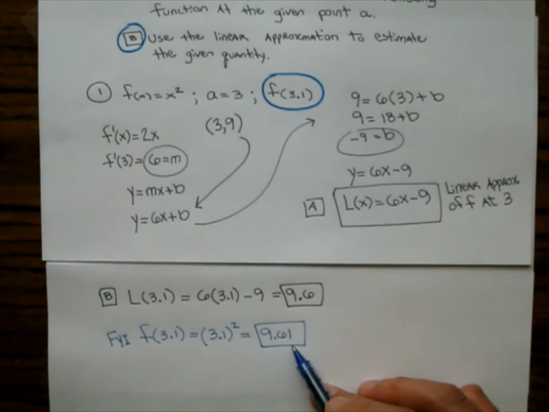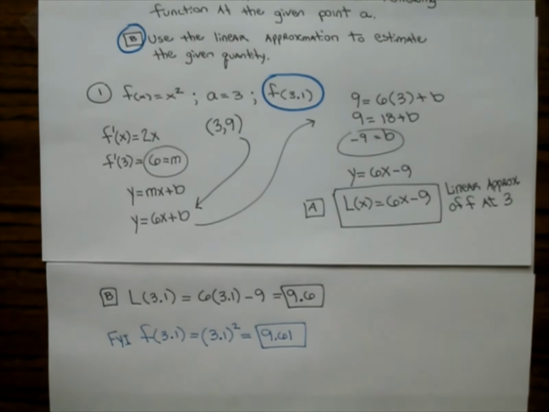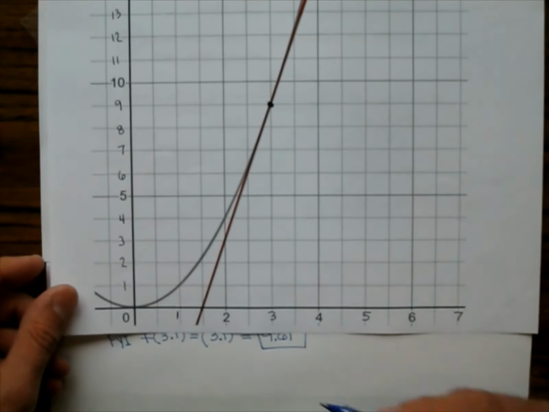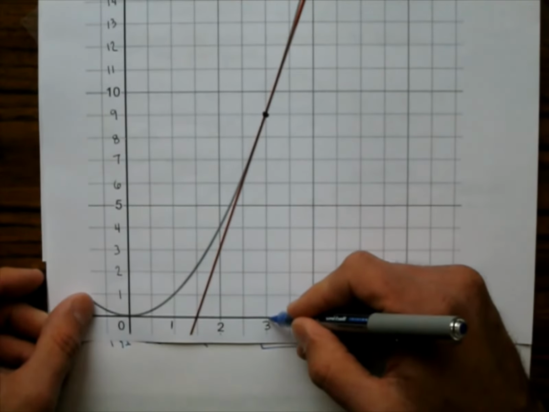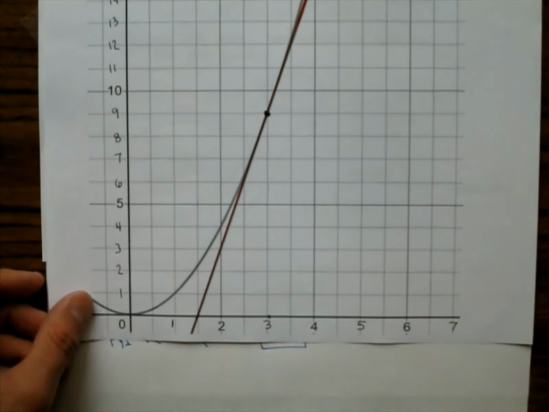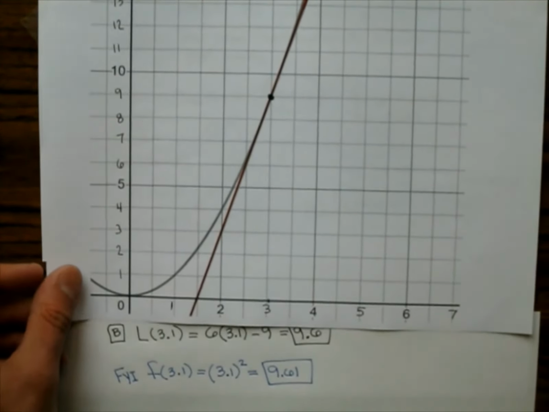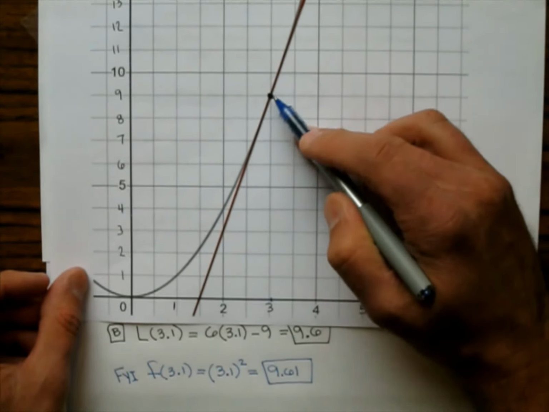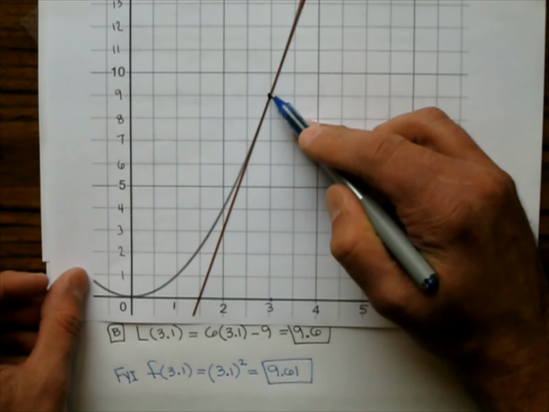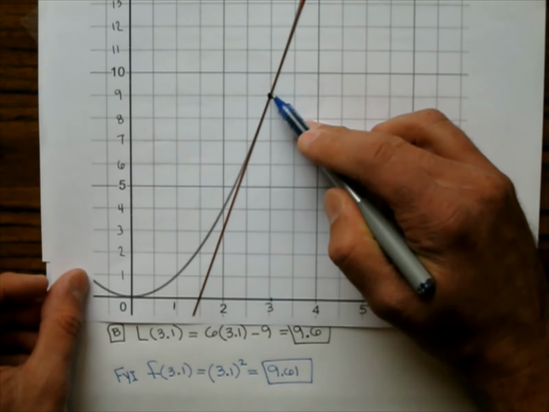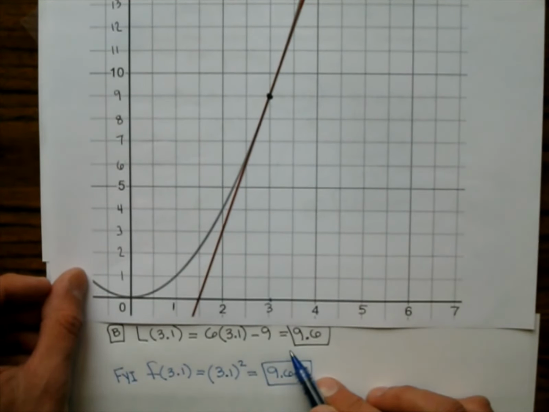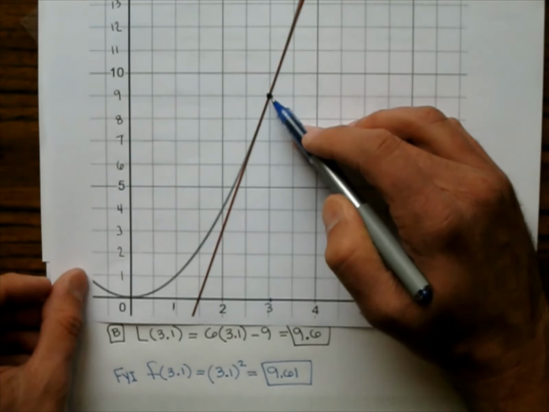And let's just go ahead and see what that looks like on the picture. It's actually hard to see on the picture because 3.1 is like right here. So f of 3.1 happens to be this gray line. They almost look the same here, and the gray line will give you a height or a y value of 9.61, whereas the line L, that red line, gives you a height of 9.6.